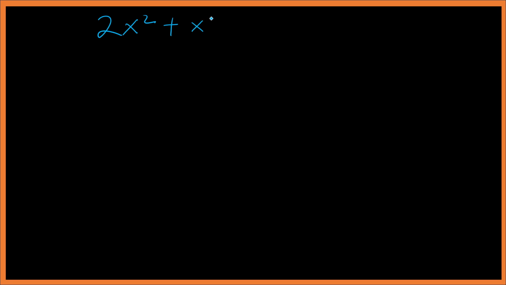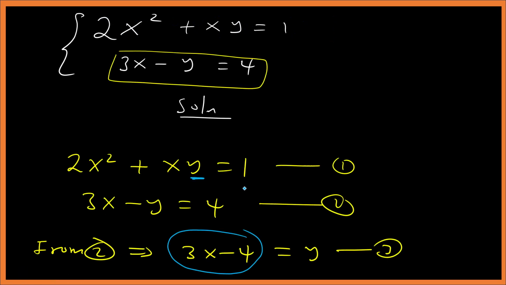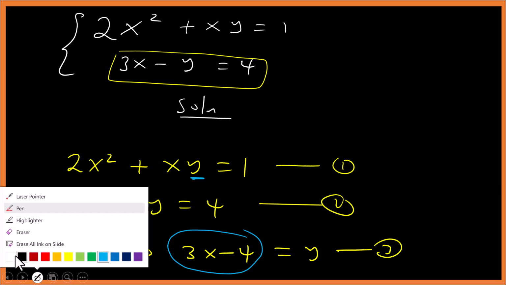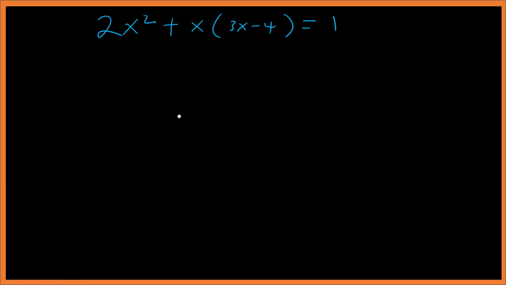So x times 3x minus 4 equals 1. So we have that information here. From here, we can solve for x. Simple as that.